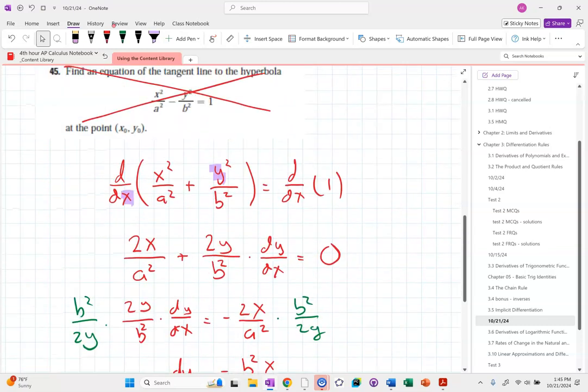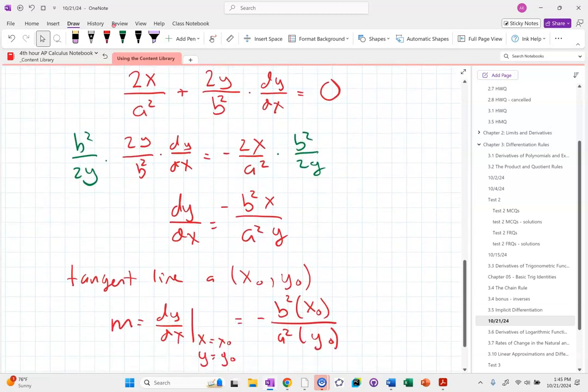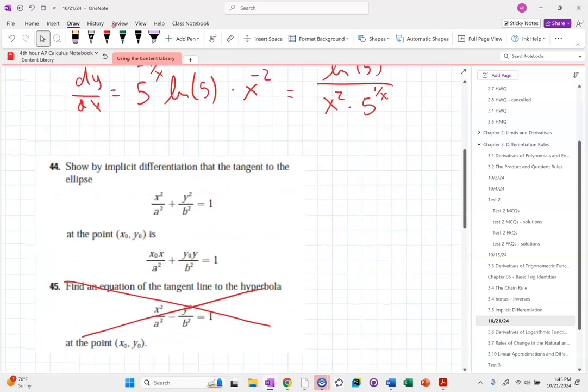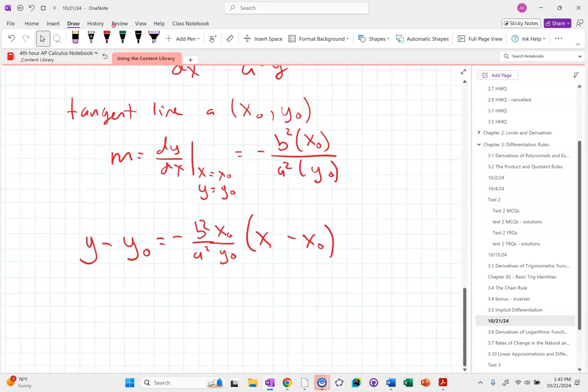Now I want to go back and look at what I have to get that to look like the target. Okay. All right. So let's see. Well, let's distribute this guy through, I suppose.